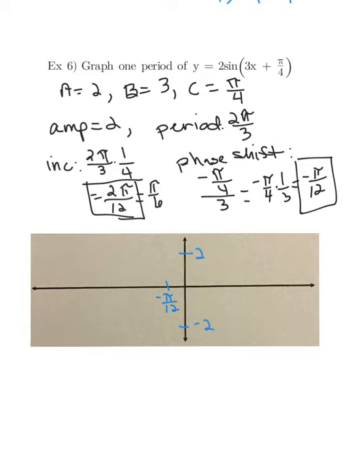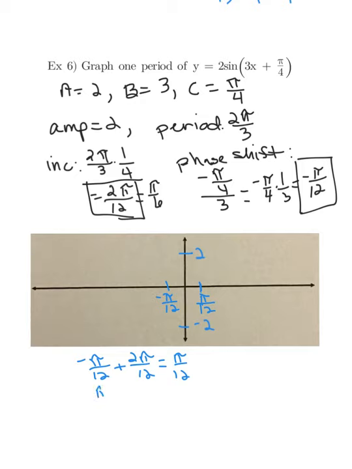Now to find the rest of our marks, we are going to add 2 pi over 12 to that. Negative pi over 12 plus 2 pi over 12. Think about that. Negative pi over 12 plus 2 pi over 12 is going to give me positive 1 pi over 12. So our second label will be positive pi over 12.